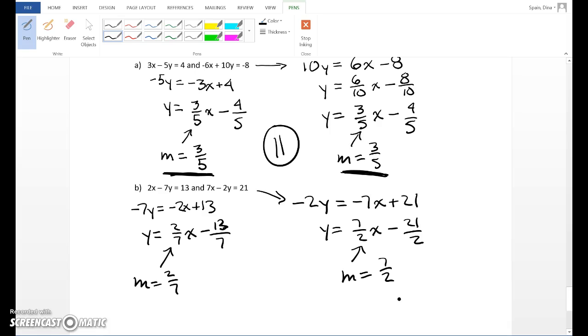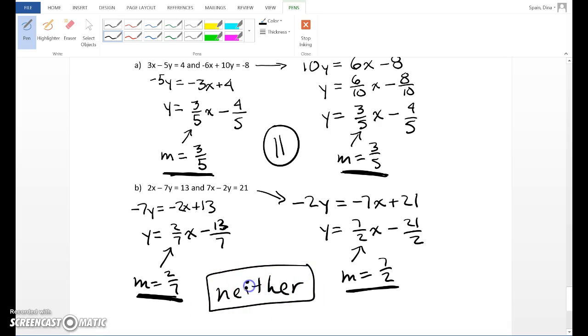So what we are comparing is 2/7 with 7/2. Yes, they are reciprocals, but these are both positive numbers. They're reciprocals, but they are not opposite reciprocals. So your answer here is neither one.